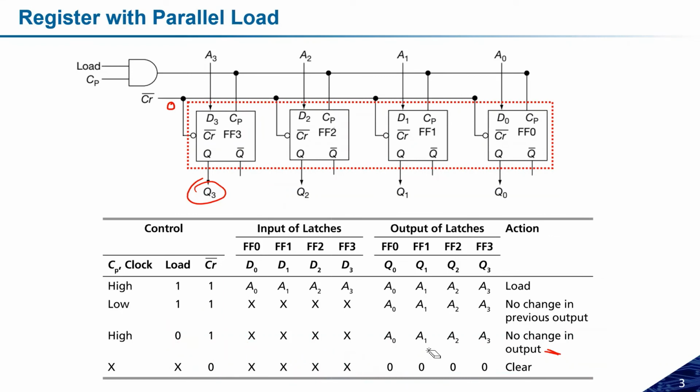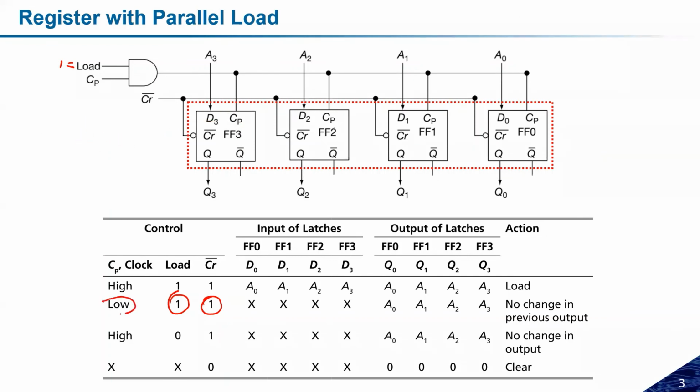Similarly, now let us talk about if the load is 1, meaning we can load, and now clear is 1. Clear is 1 means the data will not be cleared because it is active low. Now I have to check the clock pulse state, because this clock pulse is the positive level trigger. If it is positive level trigger, what does it mean?